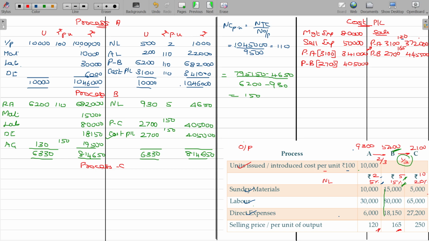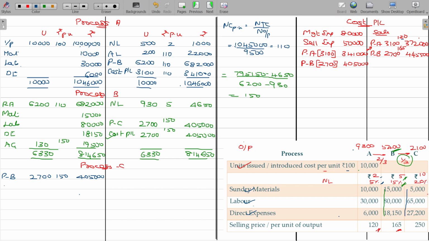Process C, the same way, the units completed in process B are supposed to be transferable here. The 2,700 units from process B were valued at 150 in the previous process, so 4,05,000 should be here. Apart from that, you have to add up the other costs.